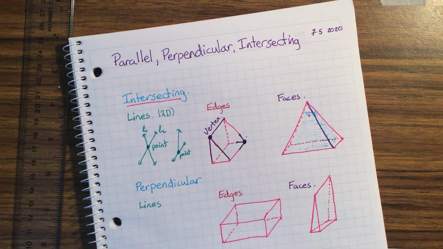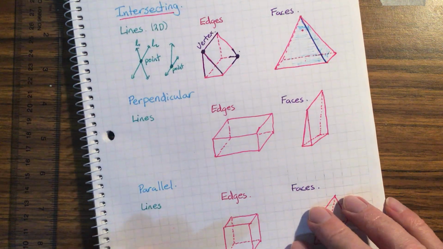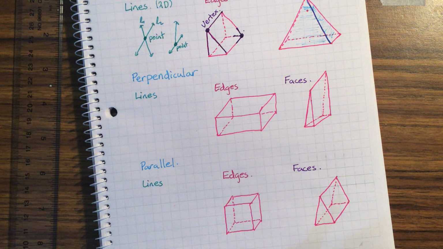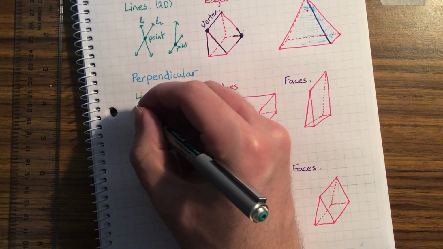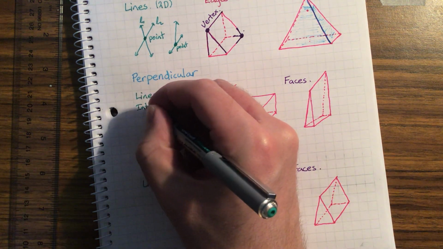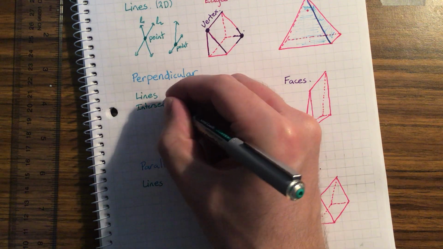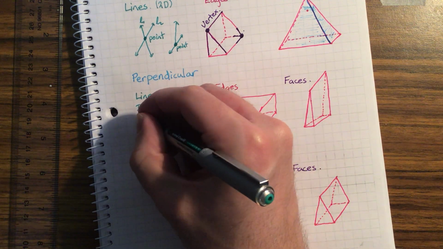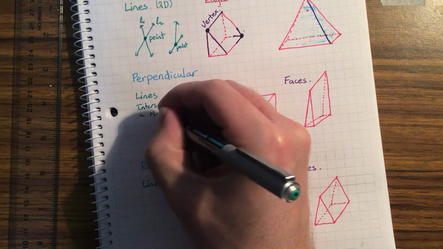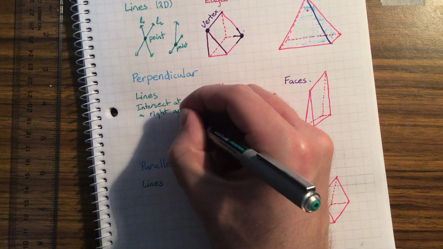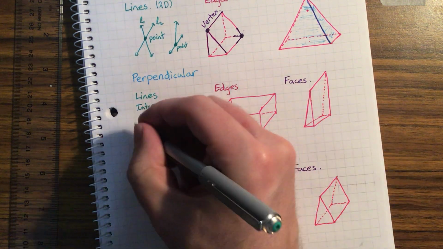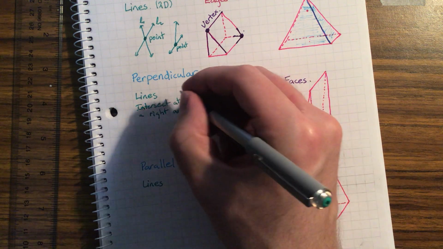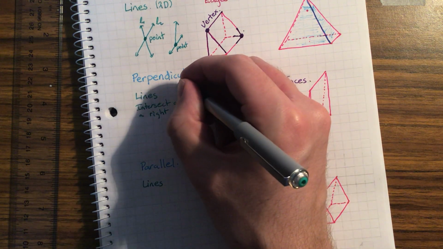All right, let's take a look at perpendicular. Perpendicular means they intersect at a right angle. We make this symbol for perpendicular.